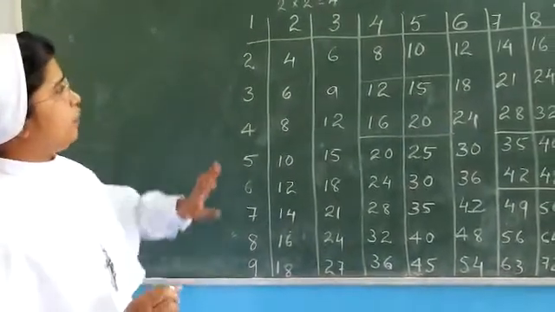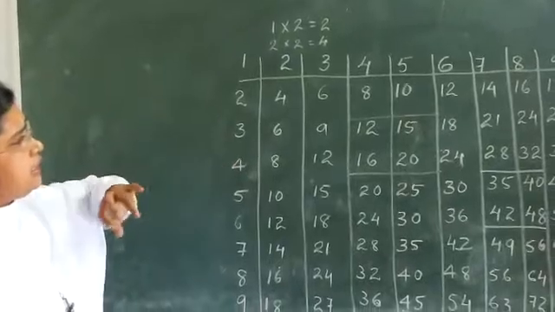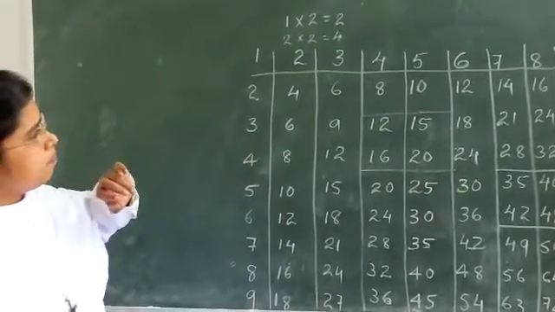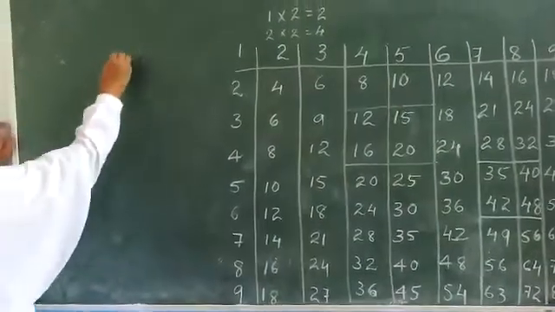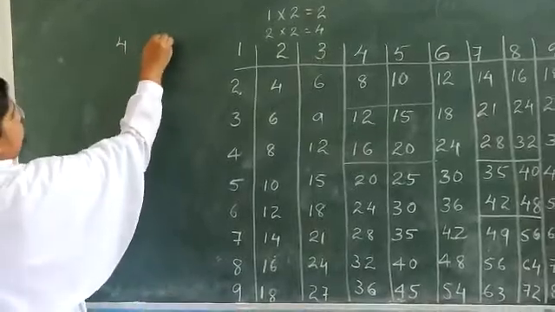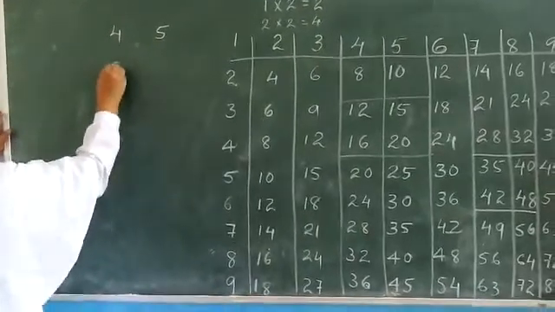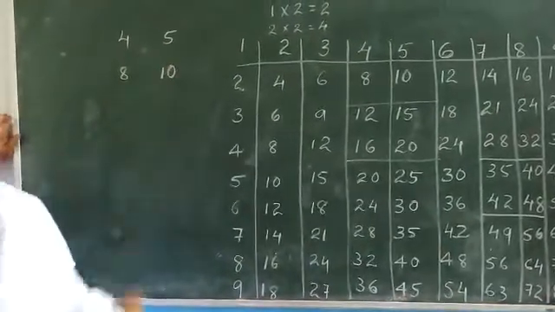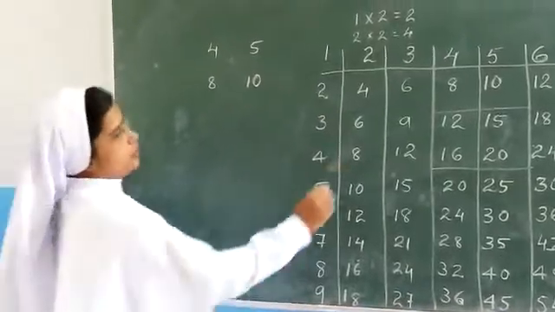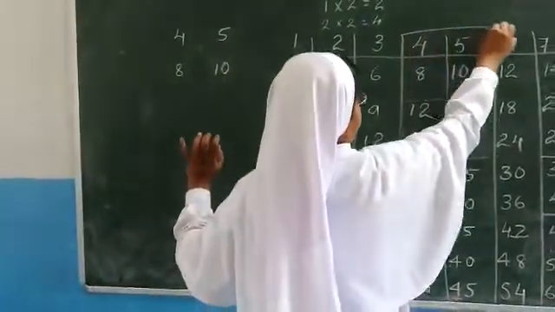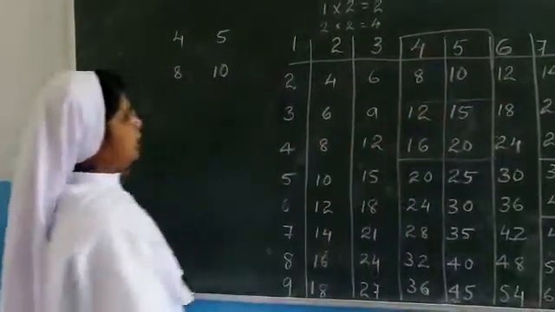Look carefully. Let us consider the numbers 4, 5, 8, 10, the square of 4, 5, 8, 10.